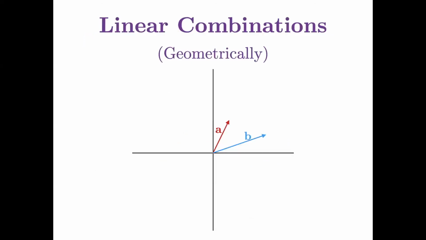Geometrically, when I take that linear combination, it's very similar to the example we just did with centering data. If I were to take a minus 3b, I would take the vector b, make a vector 3 times the length of it, and walk in the opposite direction to get a minus 3b.